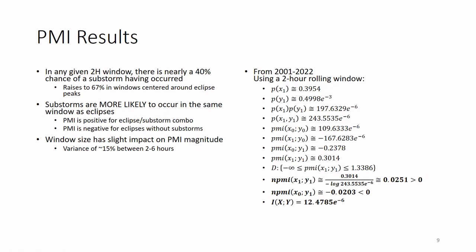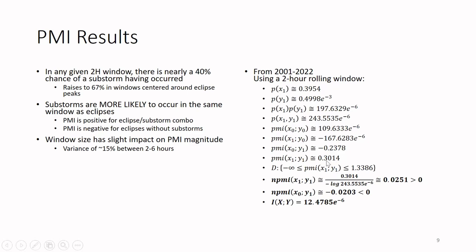So there's some play here in how you can interpret the actual magnitude of the PMI scores, but the sign is really what's important, and the relative magnitude compared to other scores, right? So 0.2 being a much higher value than this 109 times 10 to the negative 6 tells you that this is far more informative than this value here, right? But the negative values mean that something is less likely to occur than random chance, and the positive values tell you that something is more likely to occur than random chance.